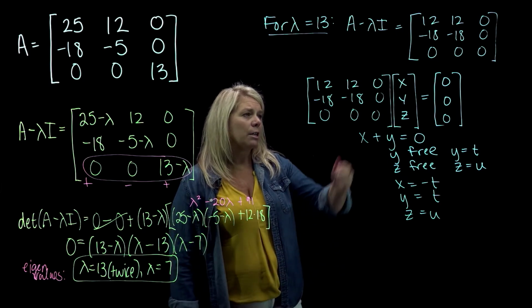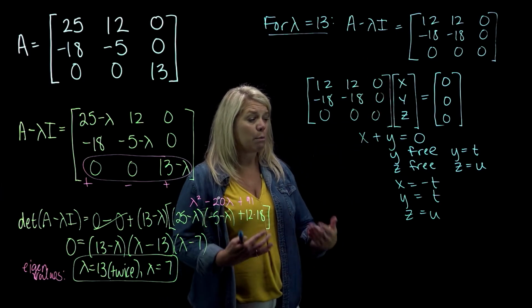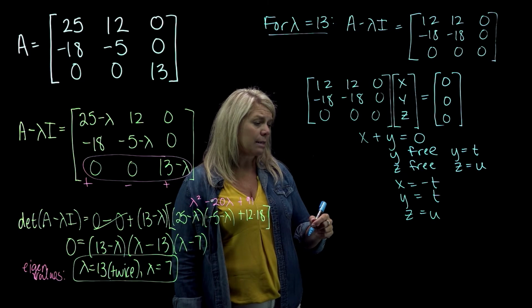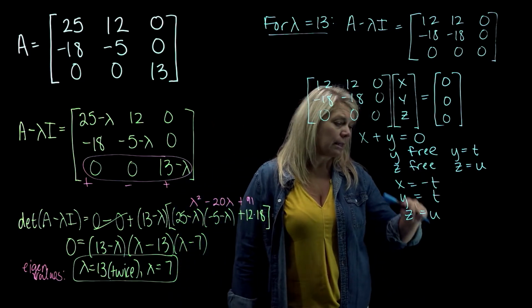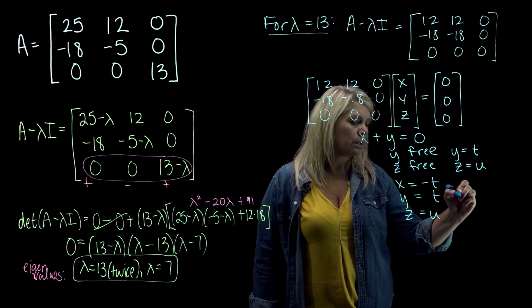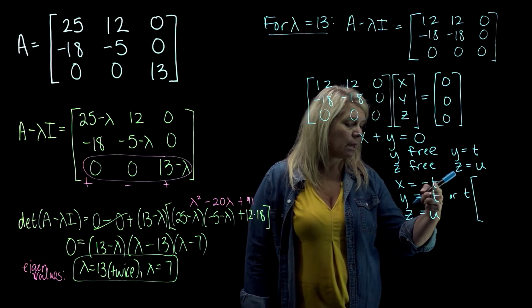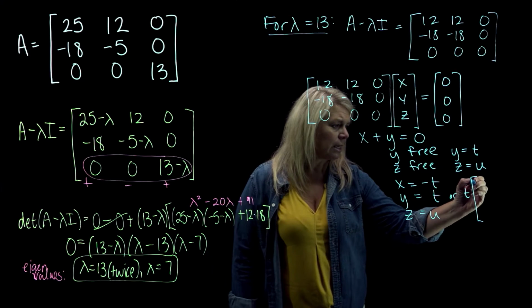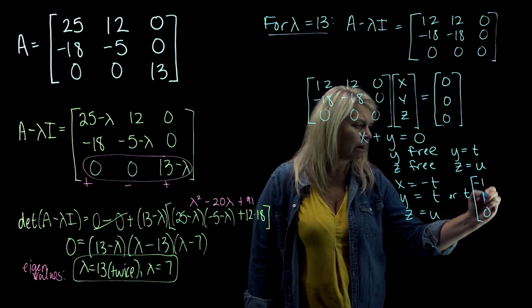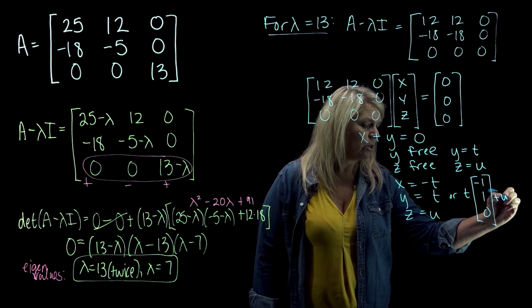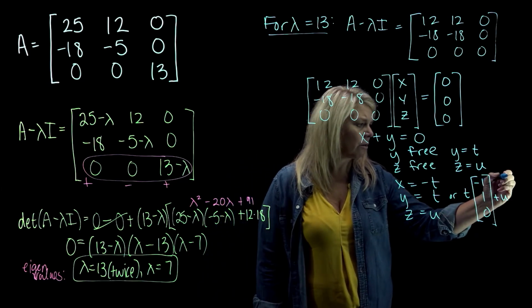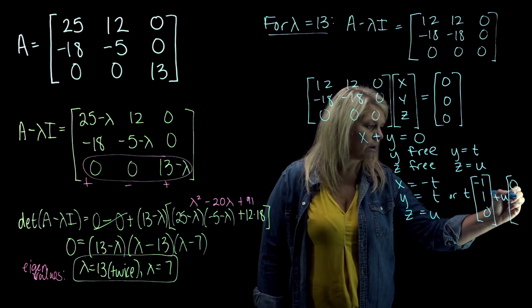If I want to write that as a vector, so that I'm thinking about a basis for the null space, I can write this as a linear combination of two vectors: t times the vector of the coefficients of the t's, negative 1, 1, 0, plus u times the vector of the coefficients of the u's, 0, 0, 1.